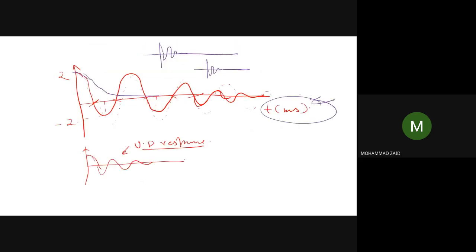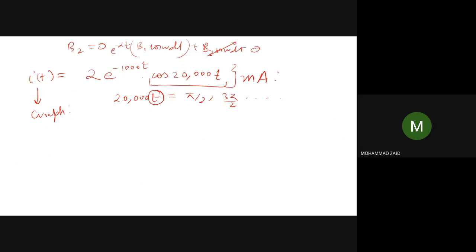And from this equation, you can calculate the values of time period by knowing at which period it will go to zero. For example, at t values of pi by 2 into 20,000, the signal will go to zero. At this millisecond time, it will go to zero. Similarly, you can again know which cycle it will go to zero.